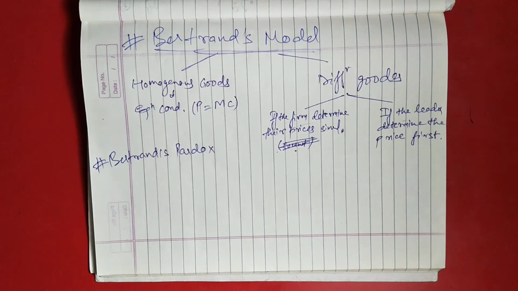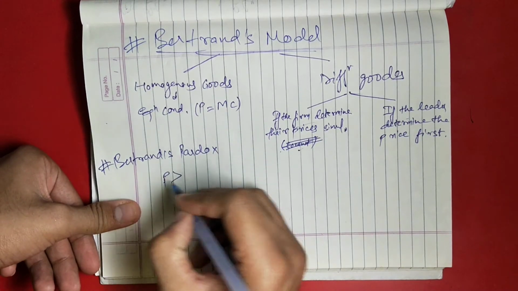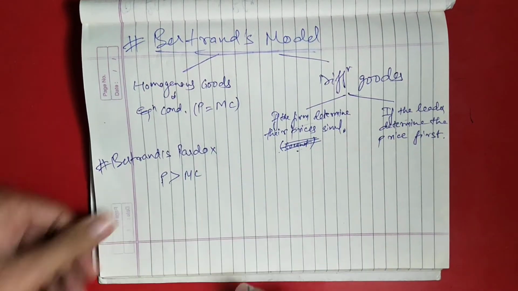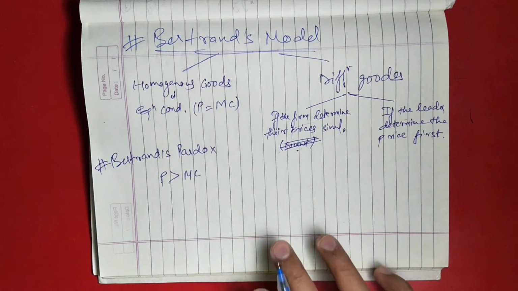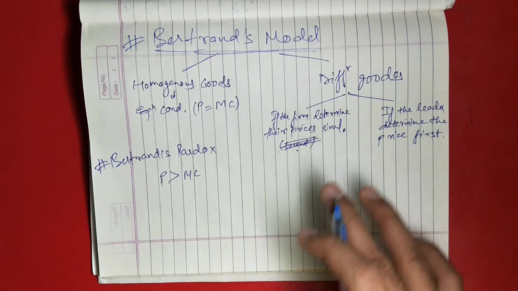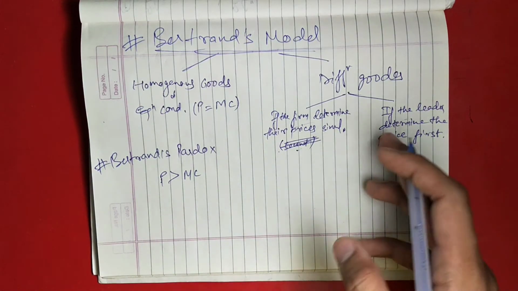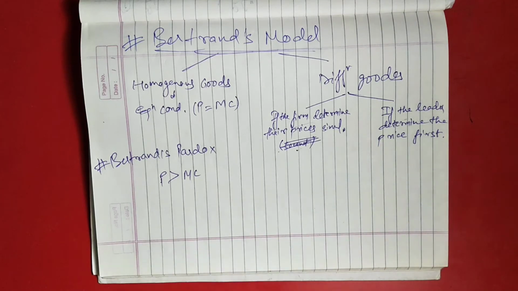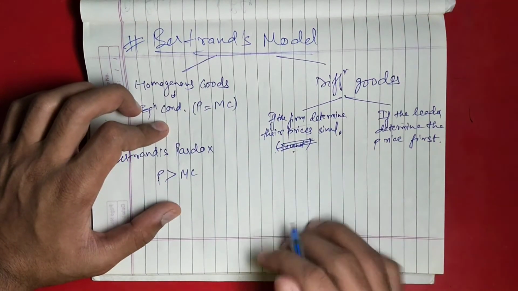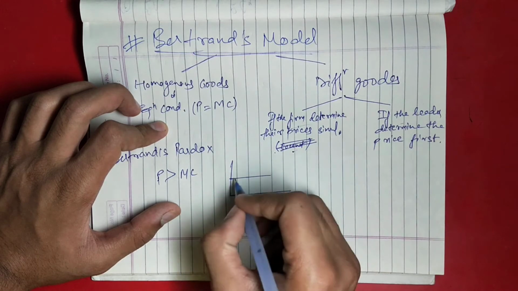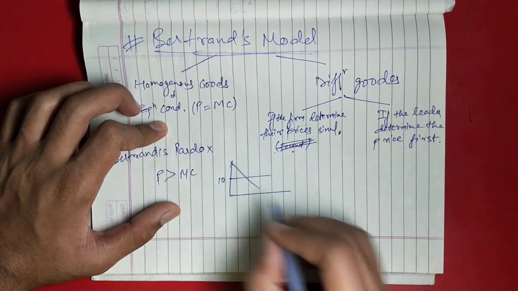Okay, so if any firm, like firm 1, charges a price greater than MC to increase its profit, then the competitor firm can reduce its price to get the entire market. I'll tell you, the equilibrium was set here, at 10 rupees.